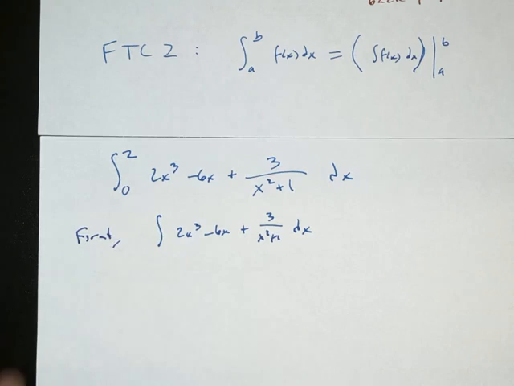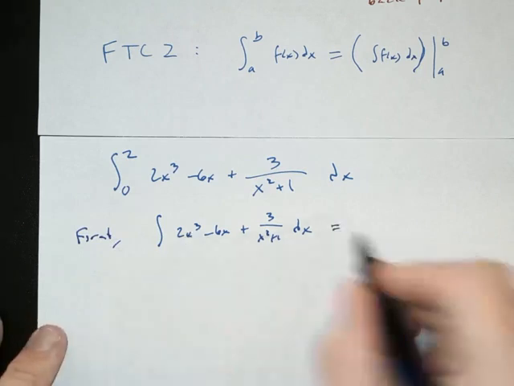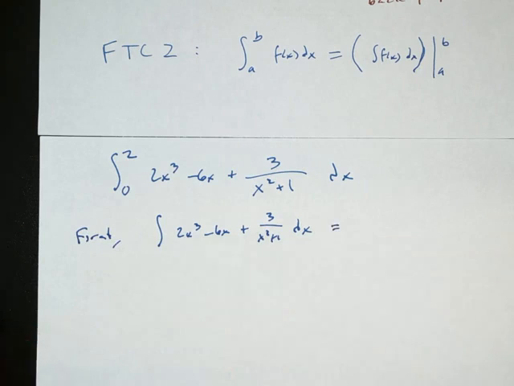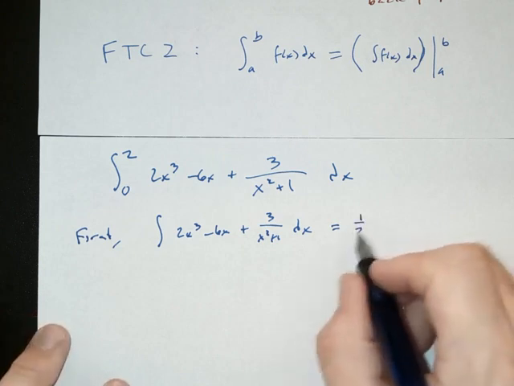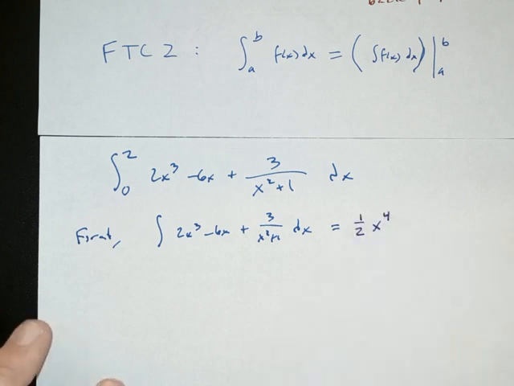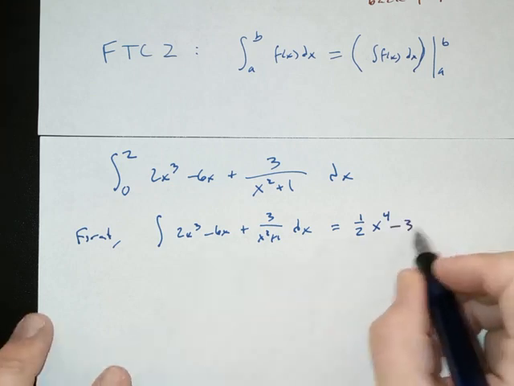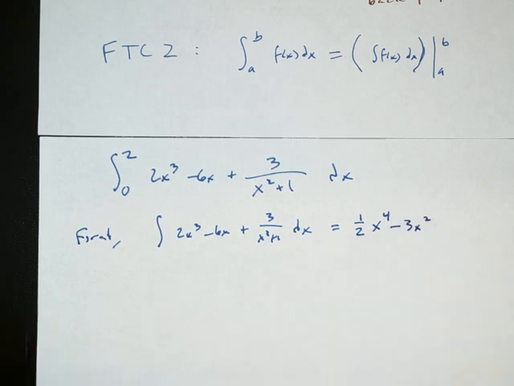What's this antiderivative? The antiderivative of 2x cubed is 1/2 x to the fourth, because it'll be 2 over 4 x to the fourth. Same thing with the 6x. I get an x squared over 2. There's a 6 out front. 6 over 2 is 3. If I'm subtracting here, I'm subtracting here. 3 over x squared plus 1.